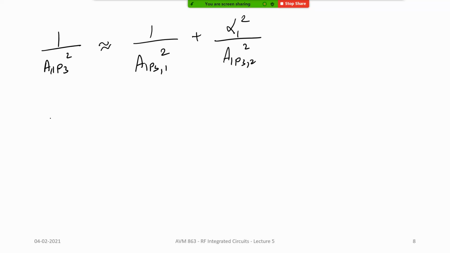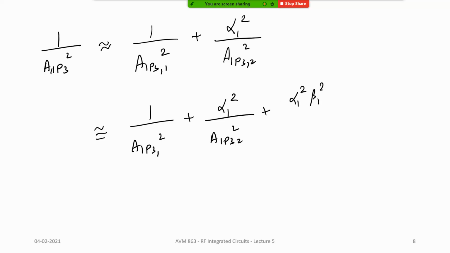Okay, you can generalize it and say for 3 or more stages, approximately it is AIP3 1 squared plus alpha 1 squared by AIP3 2 squared plus alpha 1 squared beta 1 squared divided by AIP3 3 squared, and so on.